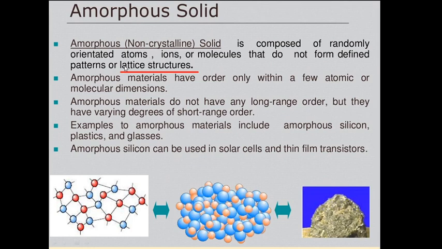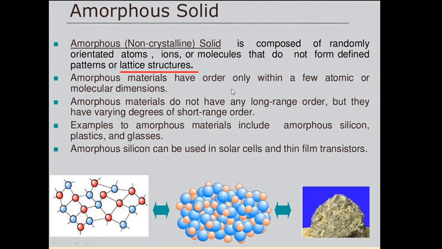This lattice structure, which is underlined here, we will study after 2-3 slides. So just remember it for a while and we will cover it very shortly. The lattice structure is nothing but the defined patterns which the amorphous material doesn't carry. So molecules do not form any defined pattern.